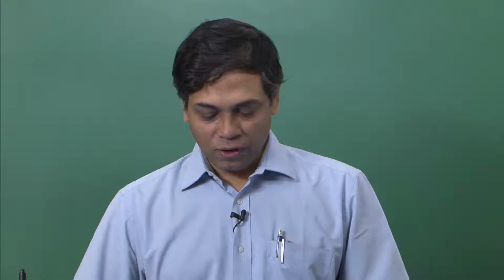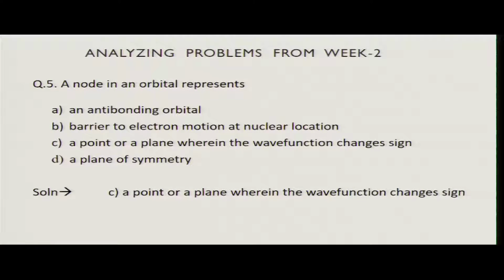In these reviewing concepts, let us look back to week 2, which we have been doing earlier, and in this we have been analyzing the problems. We have finished 4 of them earlier. So, let us look at the 5th one, where it was looking at the concept of the orbital.